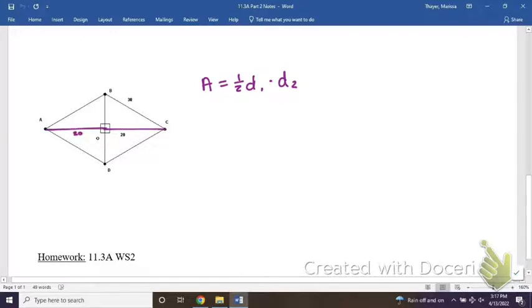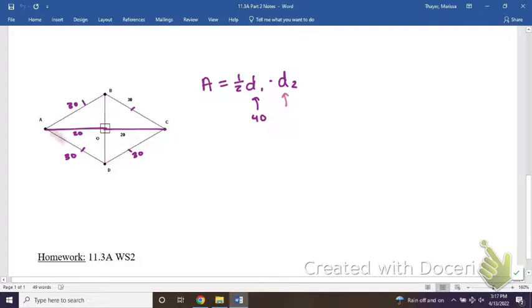So one diagonal is going to be 40, 40 in length, 40 units. They also give me that I have this length of 30, which means all of my sides are 30, because in a rhombus, all of the sides are congruent. The problem is I need my other diagonal, and I don't know anything about it.